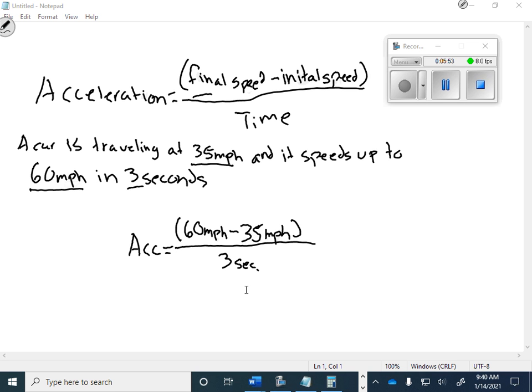Okay, so we take 60 miles per hour minus 35 miles per hour. That should get us 25 miles per hour. We take 25 divided by 3, and that will leave us with 8.3 repeated. And that's going to be miles per hour per second.